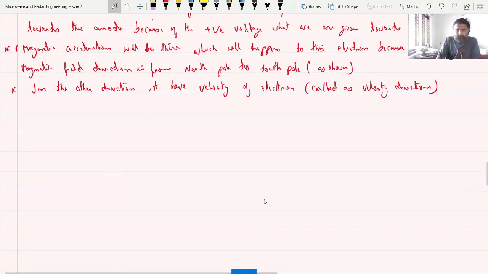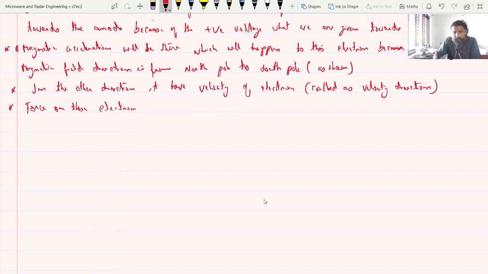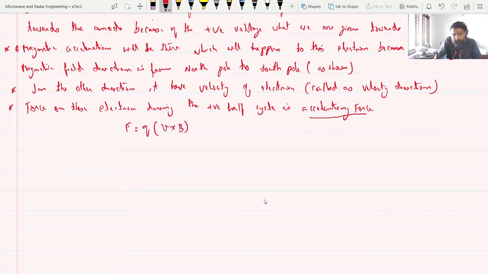The next point is the force on this electron during the positive half cycle, which is called the accelerating force, and that is given by the equation F equals Q into V cross B. F is the accelerating force, Q is the charge, V is the velocity, and B is the magnetic field.